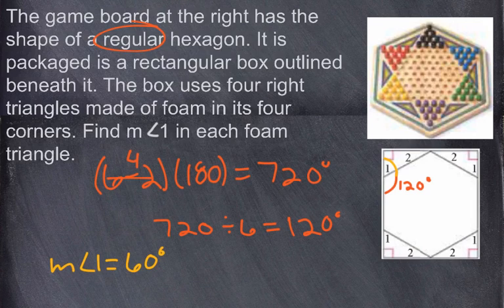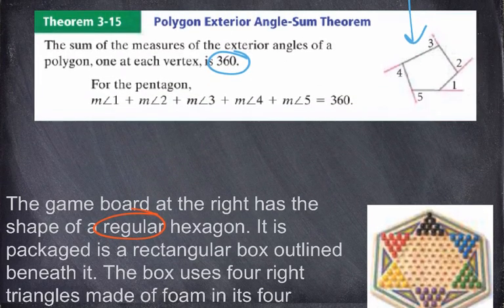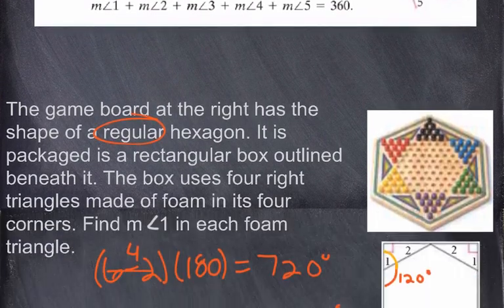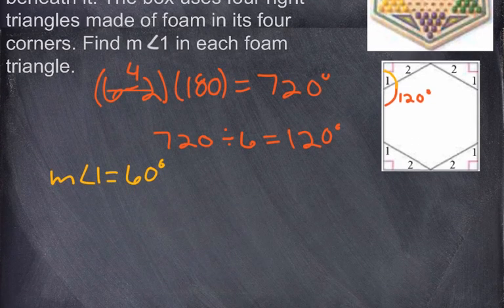Now, that was kind of the longer way of finding that exterior angle. But remember, what we just got taught here is that the sum of the exterior angles is 360. So another way you could have done this, instead of finding one interior angle, since we know that angle 1 is an exterior angle, for a hexagon there's going to be 6 of those.